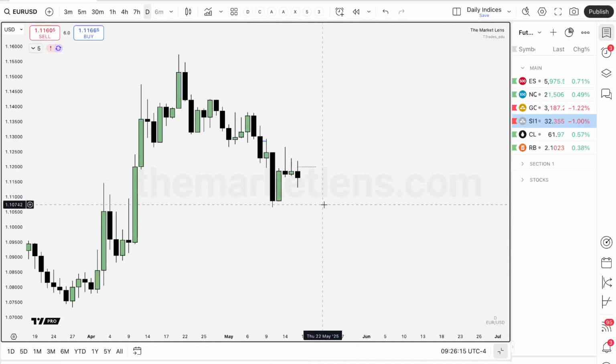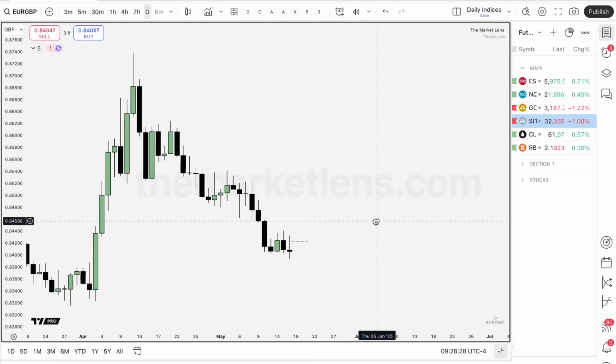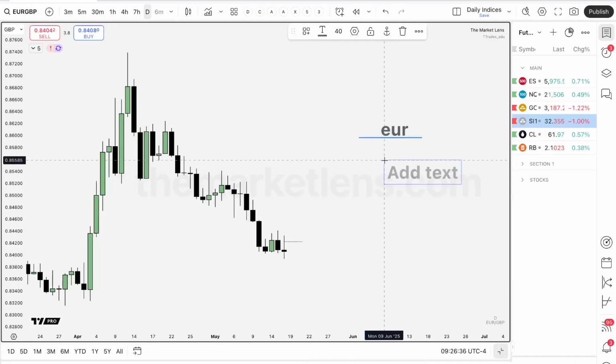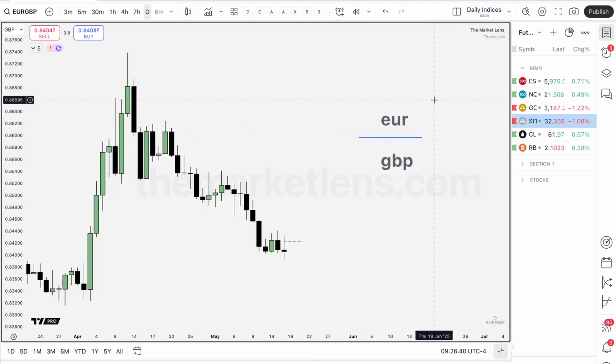Now, if you don't know which to decide between, if you want to determine relative strength or weakness before them, just compare Euro and GBP together, right? So how do you use this? Well, if you have Euro over GBP, if this is going up, it means that the Euro is stronger. If this is going down, it means that GBP is stronger, right?